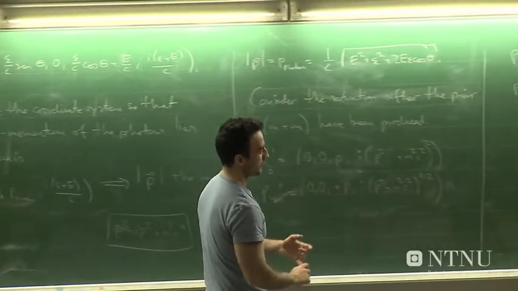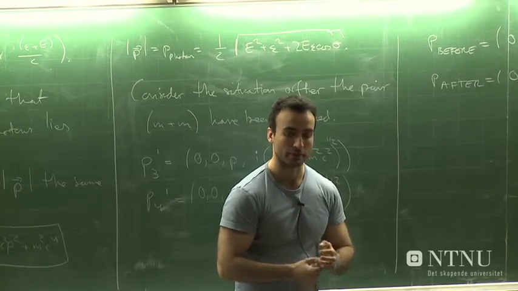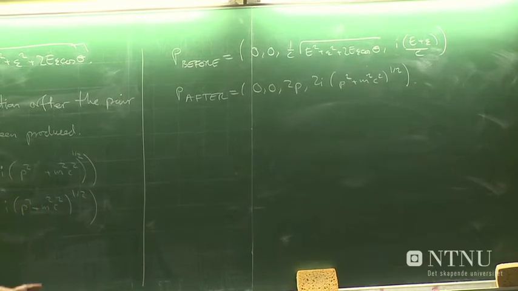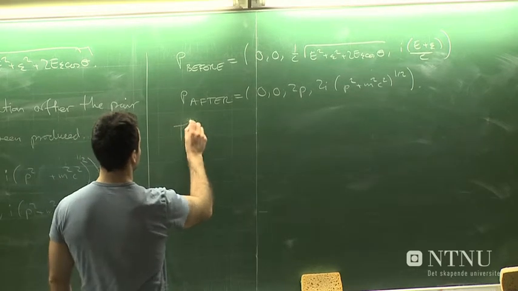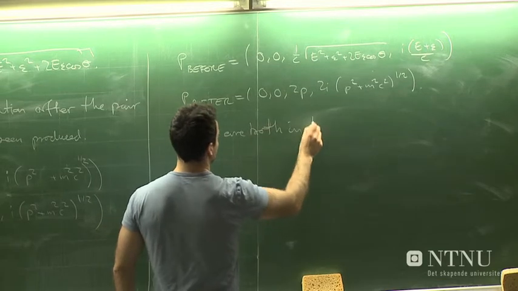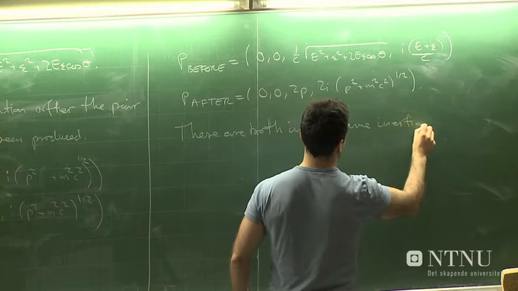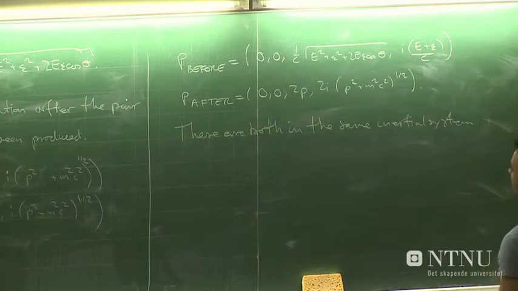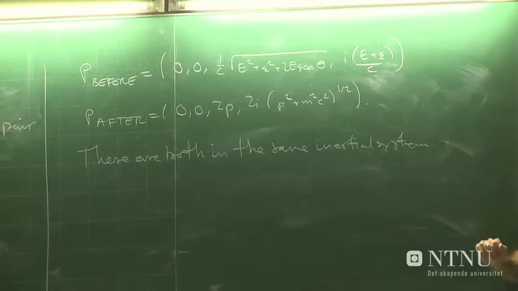So the first thing we did was to rotate the system so that everything takes place along only one axis. The second thing was that we used the definition of the threshold energy, and we have now obtained the 4 momentum vectors before and after in the same inertial system. Okay, so now it's just a matter of equating these two expressions.